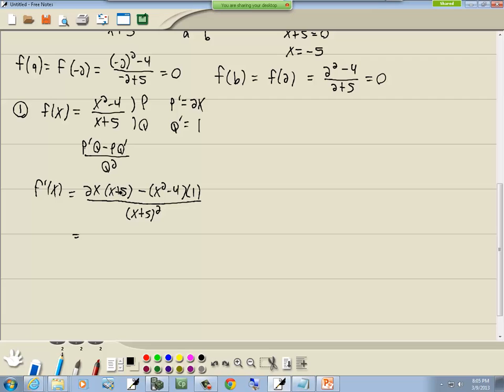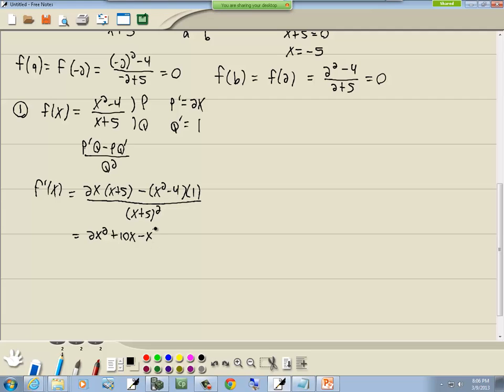Up on top, I can't factor anything out they have in common, so I'll go ahead and get rid of parentheses, combine together like terms, see what happens. 2x times x is 2x squared. 2x times 5 is 10x. The negative that's out in front of this will flip the sign of everything inside the parentheses, and the 1 will drop away at the end.